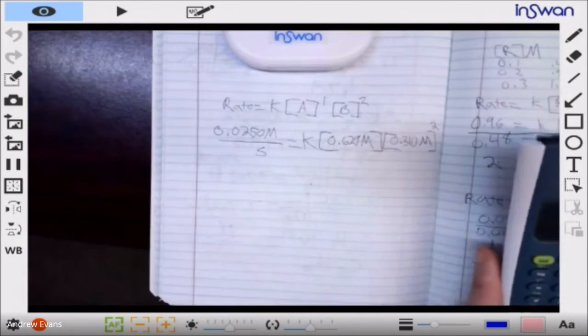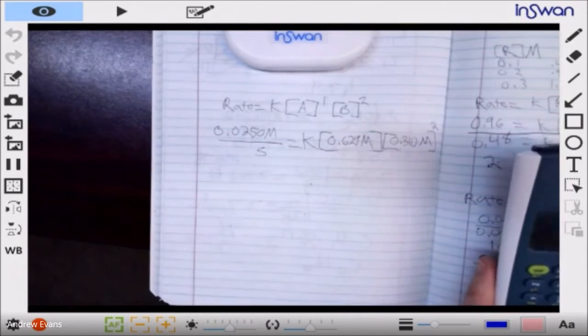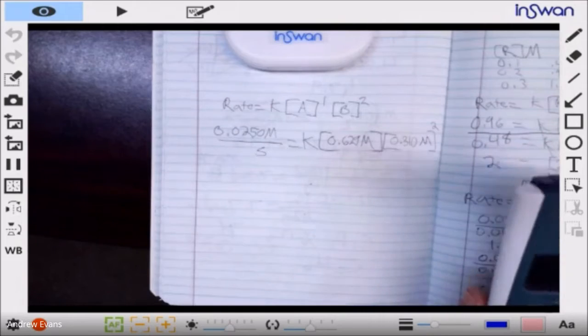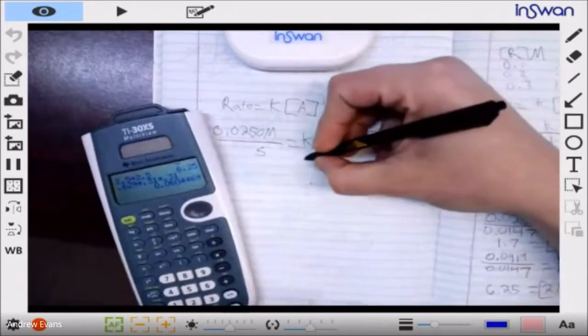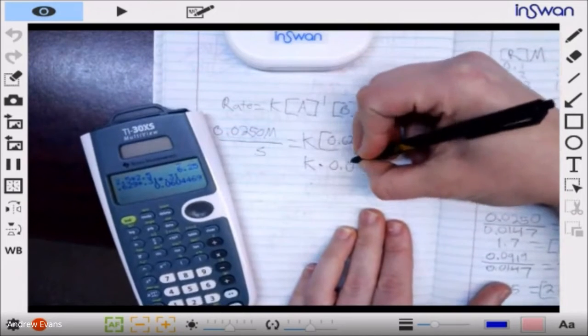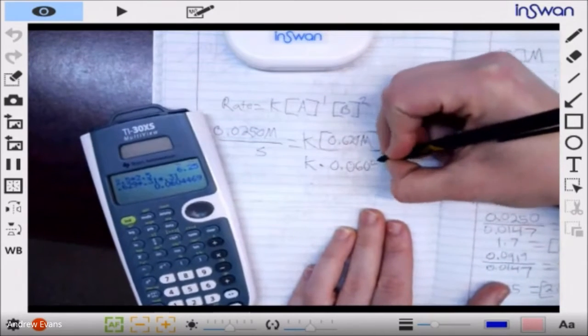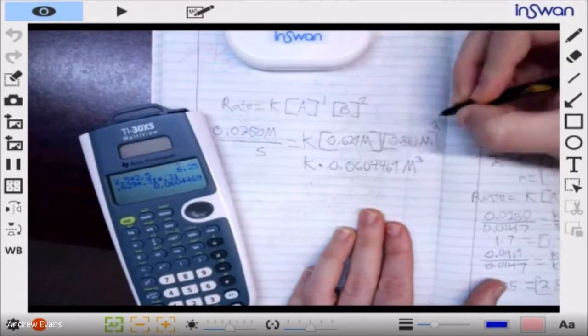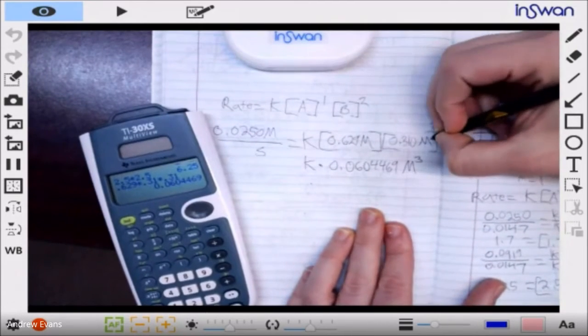So factoring the right side of the equation, 0.629 times 0.31 times 0.31 gives us K times 0.0604469 molar cubed. Because M times M times M is M cubed.